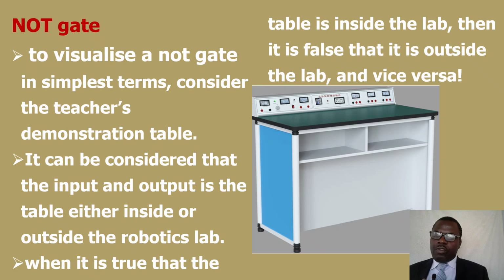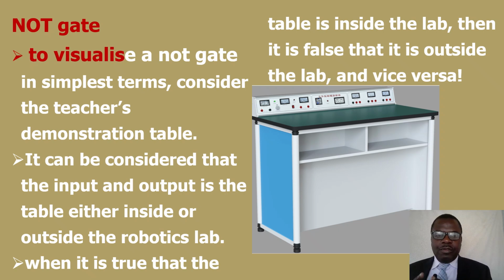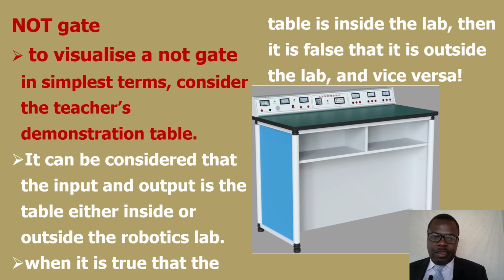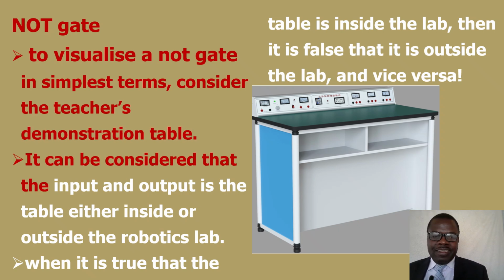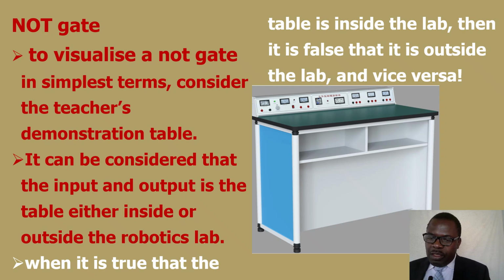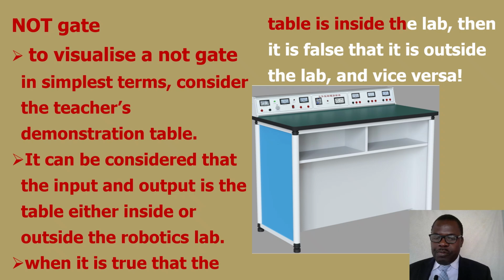And it is also easy and fun to visualize a NOT gate. To visualize a NOT gate, we can consider the teacher's demonstration table. Input and output depend on whether the table is inside or outside the lab.